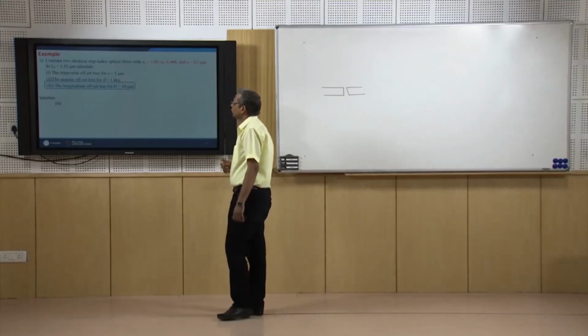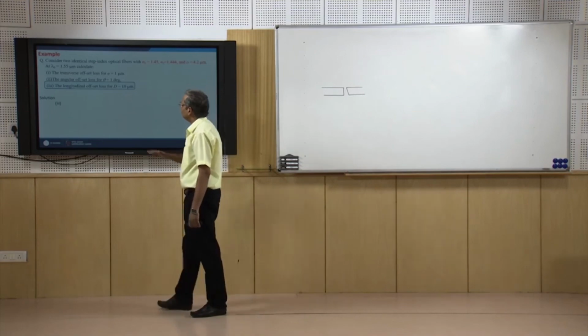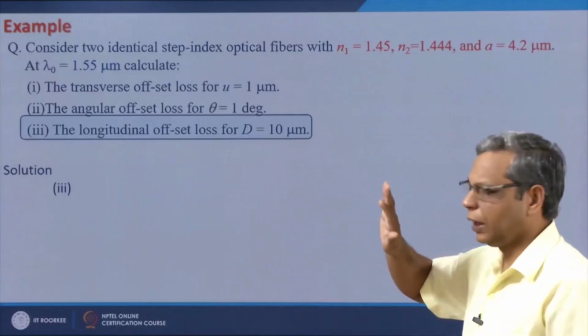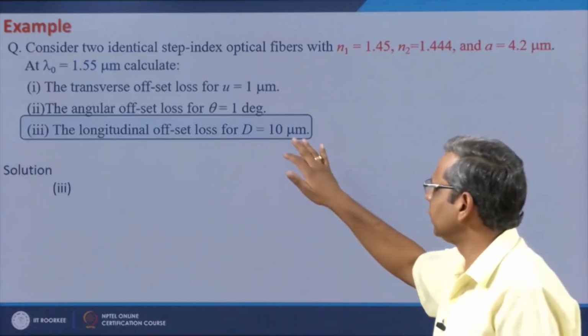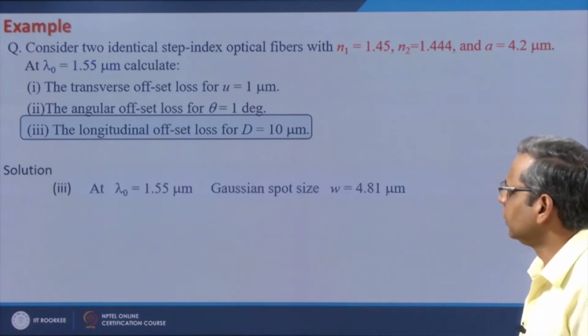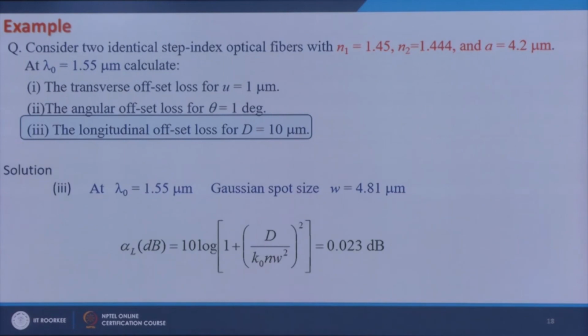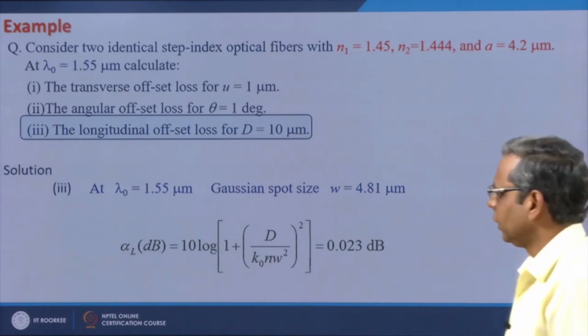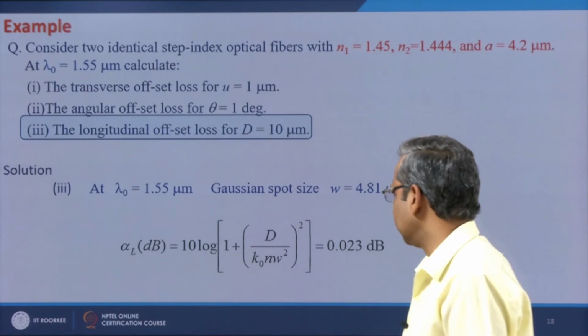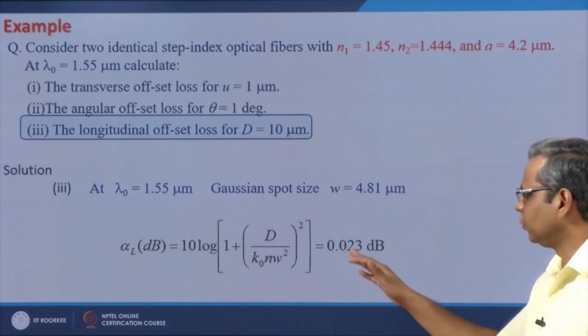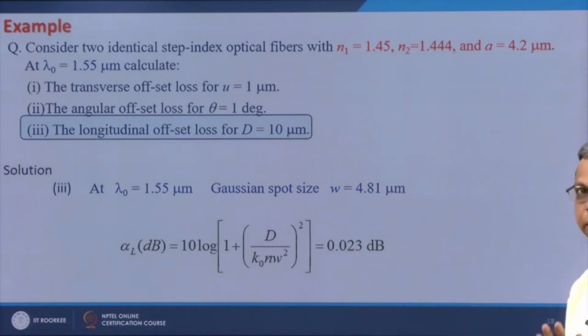Third is longitudinal offset loss for longitudinal misalignment D equal to 10 micrometer. Again the Gaussian spot size is 4.81 micrometer, and if I calculate the longitudinal offset loss using this formula, it comes out to be 0.023 dB.